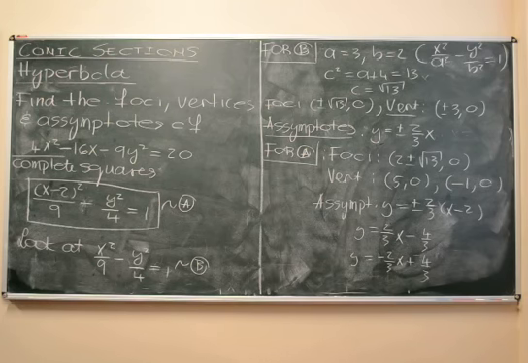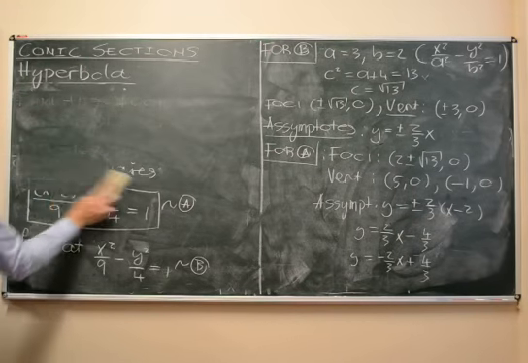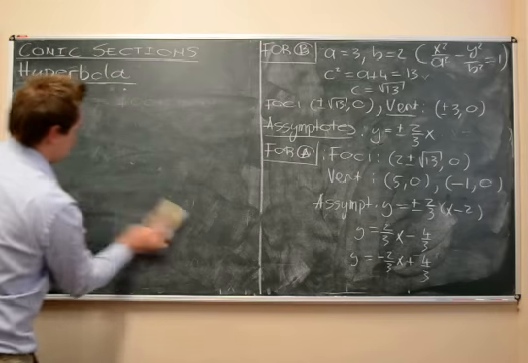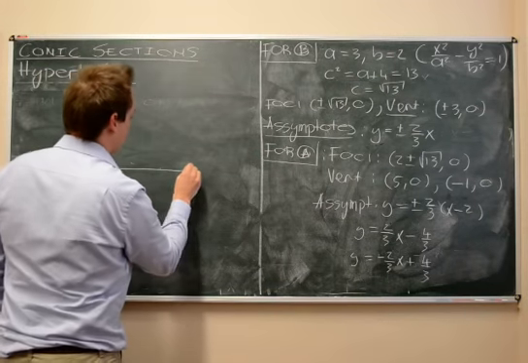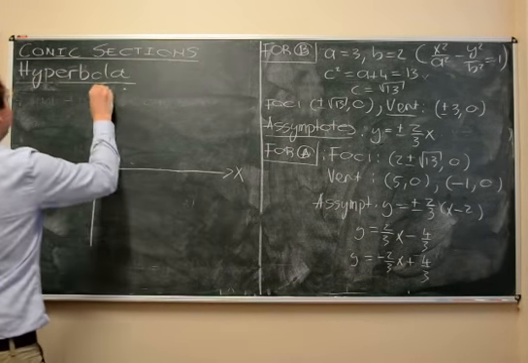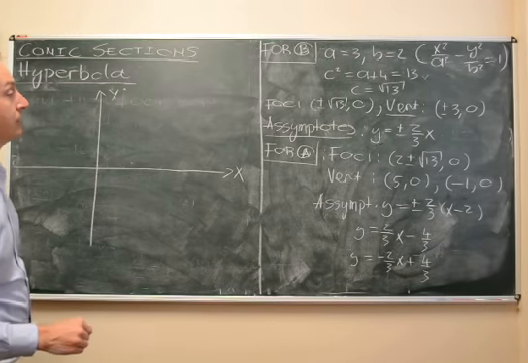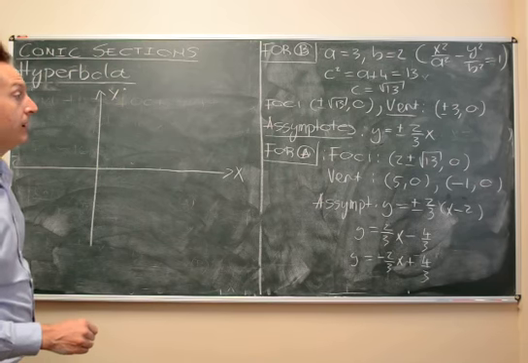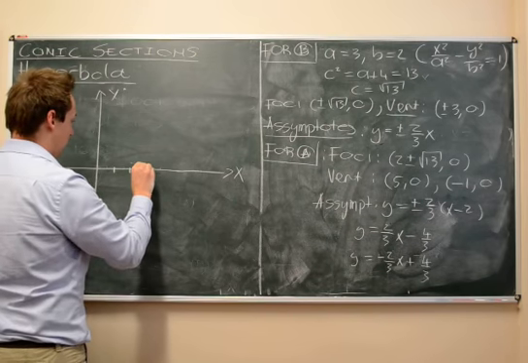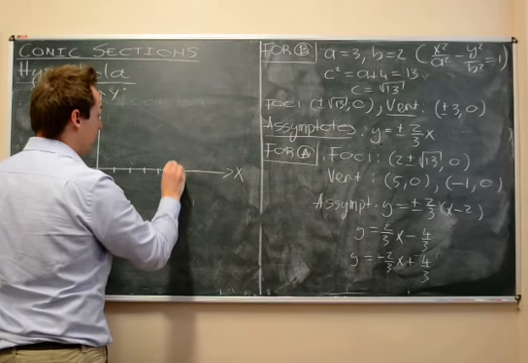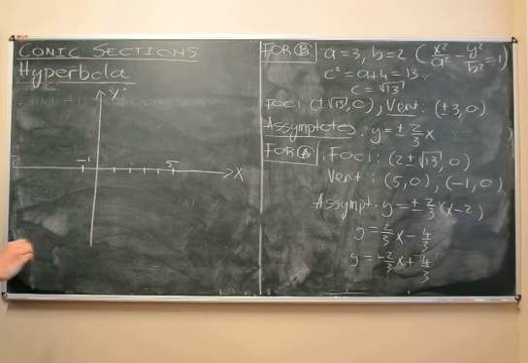Right. So now let's sketch this thing. Let's indicate our vertices. Our vertices are going to be at 5, 0 and minus 1, 0. So let's see, 1, 2, 3, 4, 5, and minus 1.